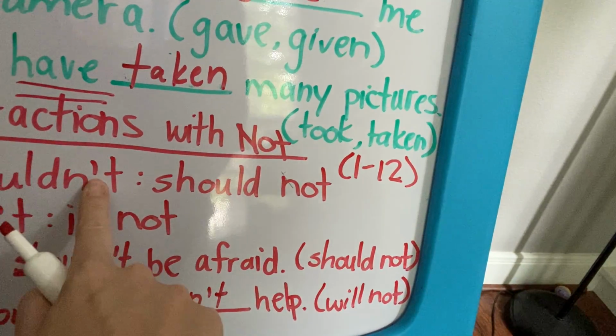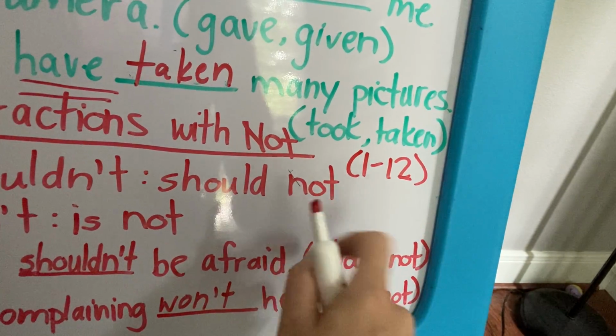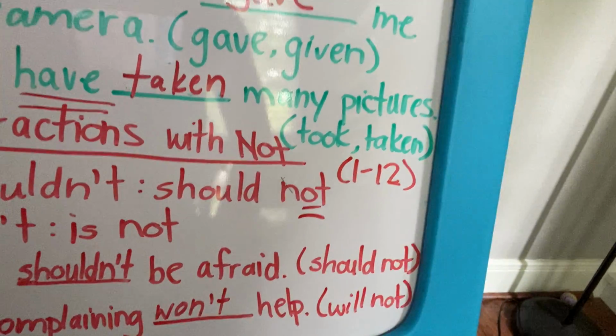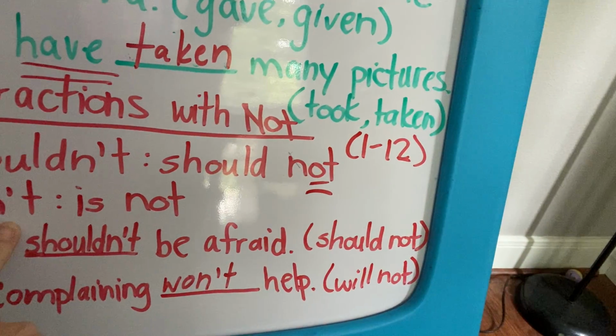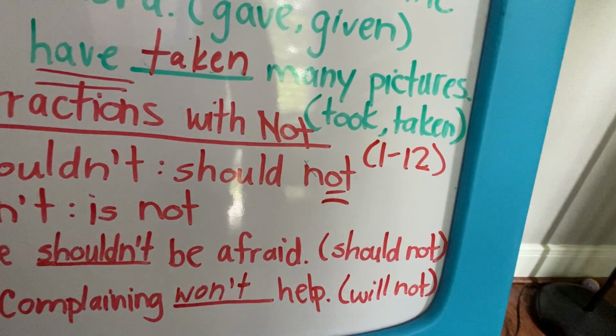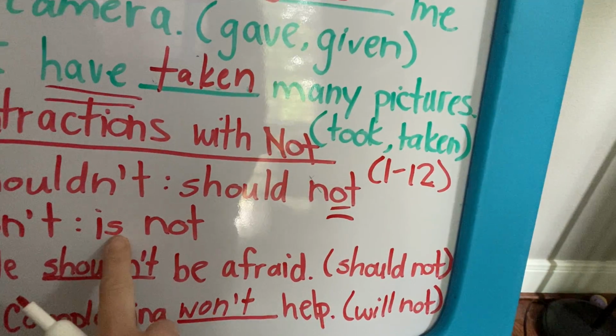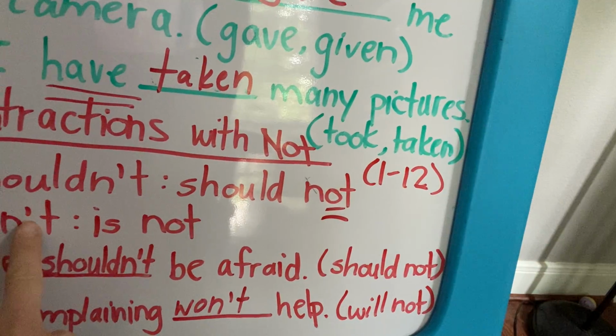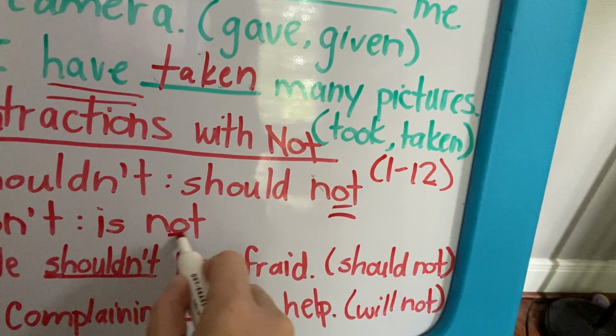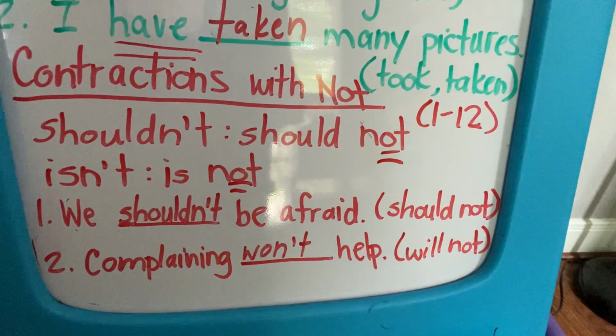The apostrophe takes the place of the O in the word not. Then you have isn't. Isn't is formed with the two words is and not. So the apostrophe takes the place of the O in not, okay?